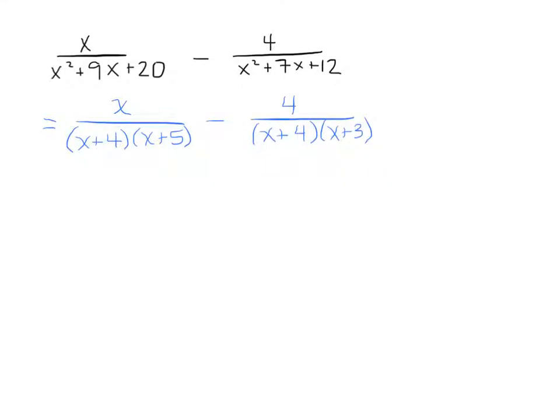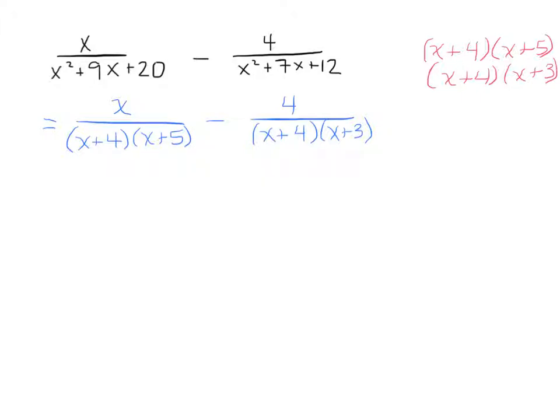So here's what we're going to do for the lowest common denominator. Take the first denominator, x plus 4 and x plus 5. Take the second one, x plus 4 and x plus 3, and find the common denominator by taking each factor from those lists once.